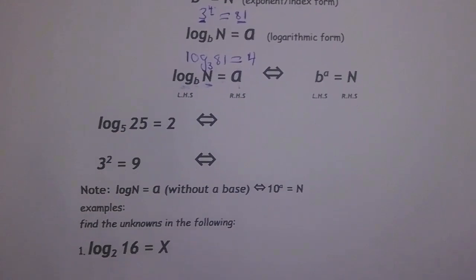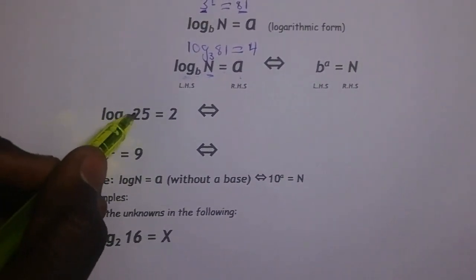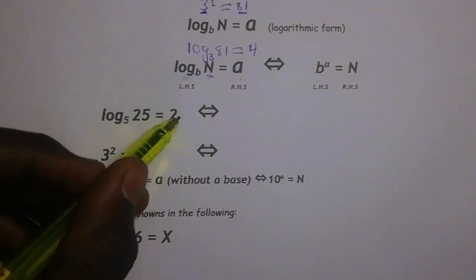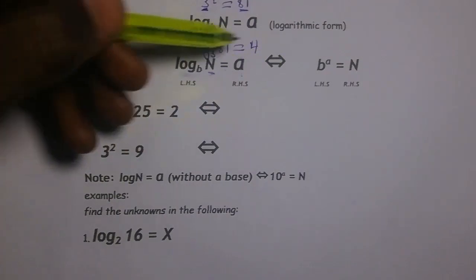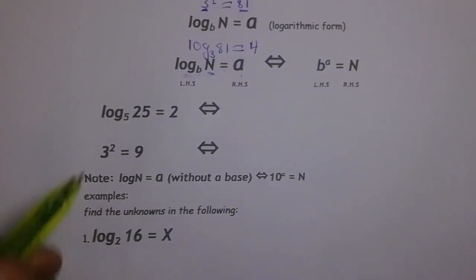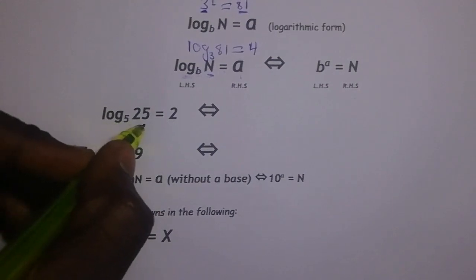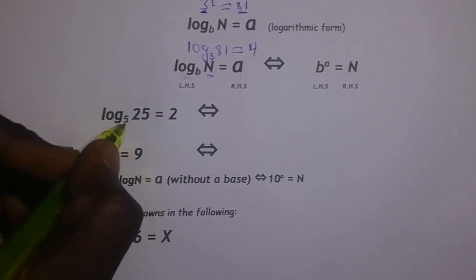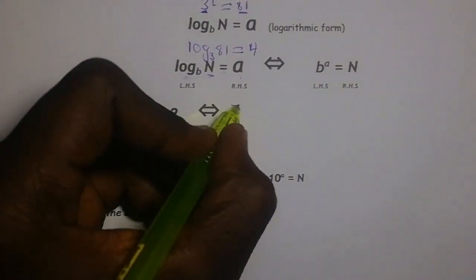Here's an example. It says convert log to base 5 of 25 equals 2 to index form. Using this method, we first write the number in the middle of the left hand side of the equation, which is 5 in this case.